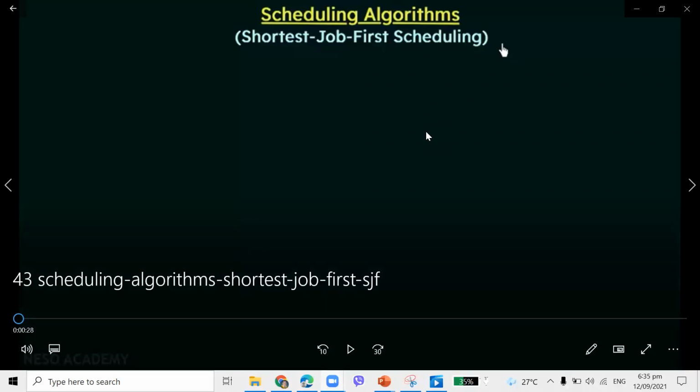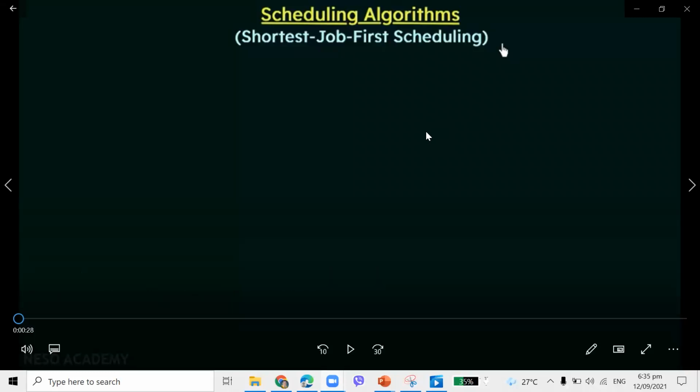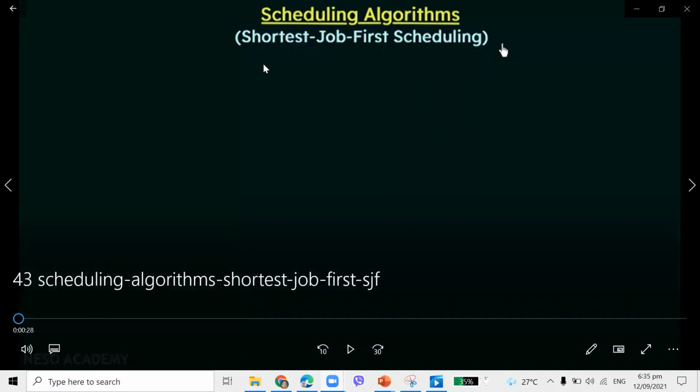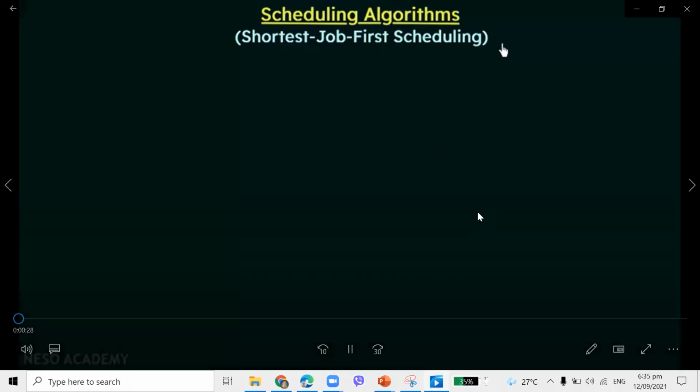This time, I will give you an example of how we can compute shortest job first scheduling, based on Neso Academy. It means the process that will require the CPU for the shortest period of time will be the first one to get the CPU.